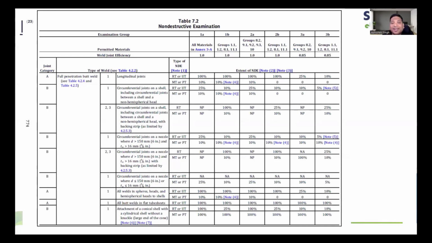If you are having 1A, then it will be kind of matching with radiography, RT1. Now you can see here on the screen, RT. Apart from RT, you have MT and PT also mentioned in the code, which we don't see in Division 1.